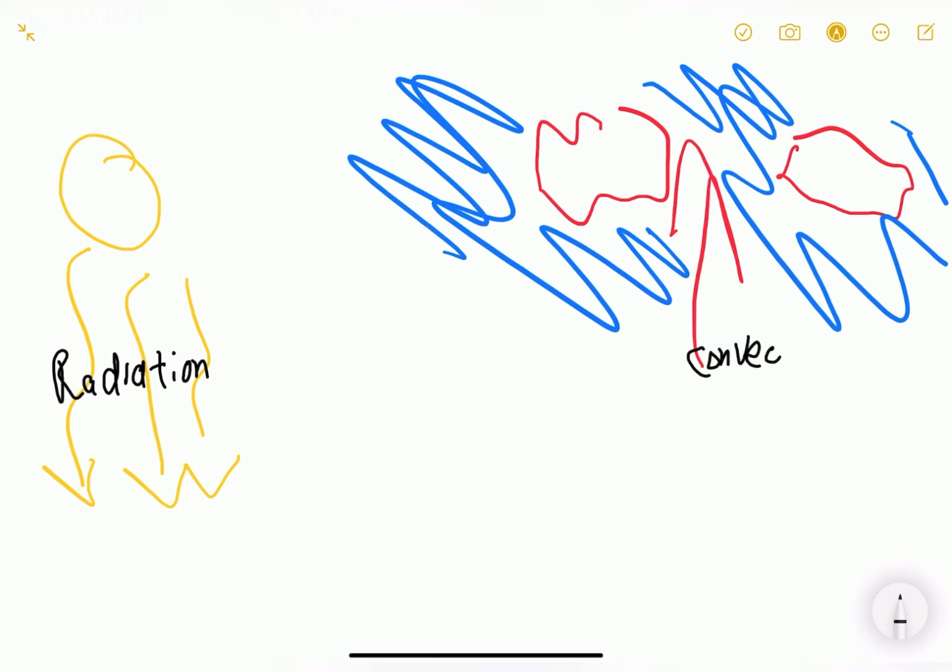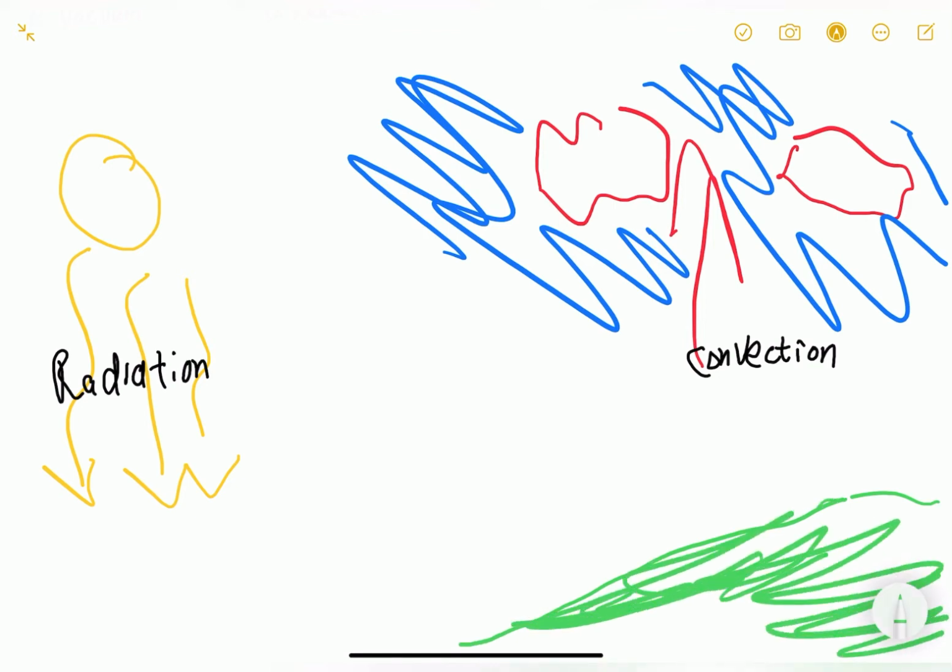So we said convection is when the warm air rises. Okay, and what is conduction? Conduction is when the ground heats the air. So the opposite way. So let's say maybe this is a garden or something, and it's going upward.